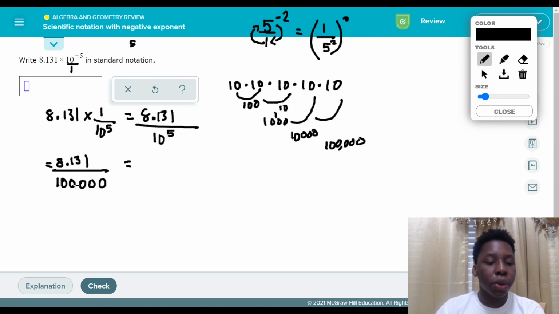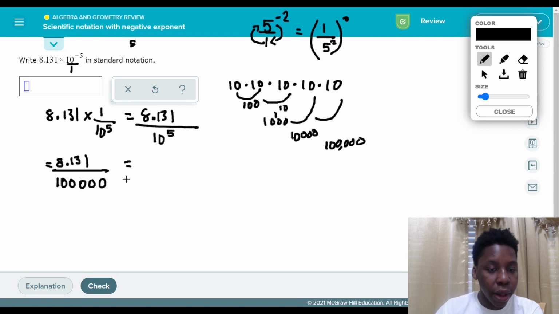Every time I cancel a zero at the end, because I'm basically dividing this up here by 100,000, I want the decimal point to move. If I'm dividing, the decimal point always goes backward. But if I'm multiplying, the decimal point goes forward.